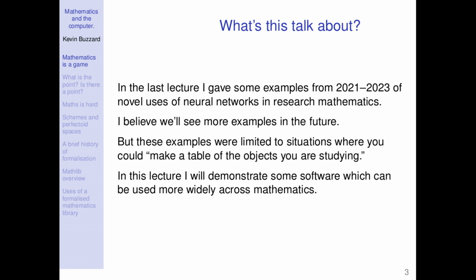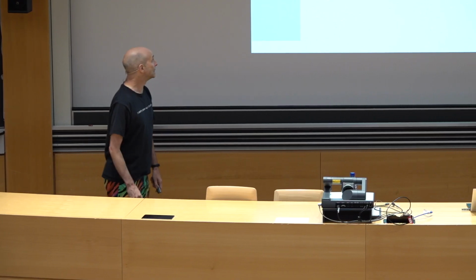And so in this lecture, I'm going to show you a piece of software that's so incredible that it could interact with all of mathematics. It doesn't have to be the kind of mathematics that you can reduce to a finite dimensional input to a neural network or whatever.